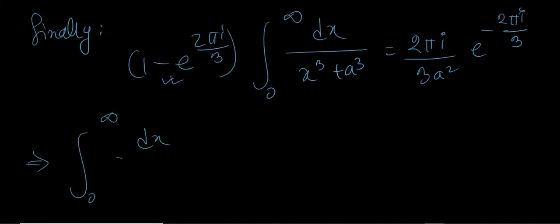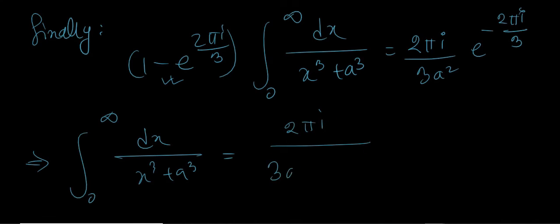So 2 pi I like this, there is this 3a square, and you'll have 1 minus e to the power 2 pi I by 3, and there is this e to the power minus 2 pi I by 3.